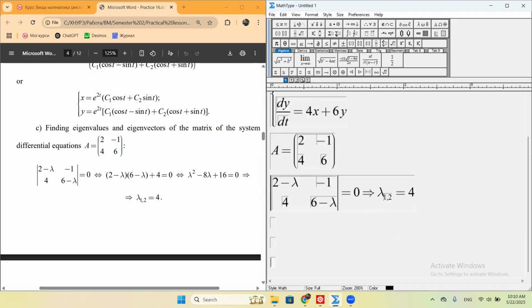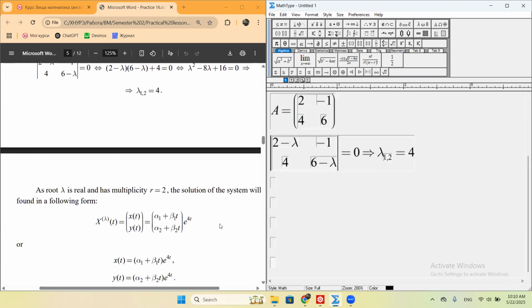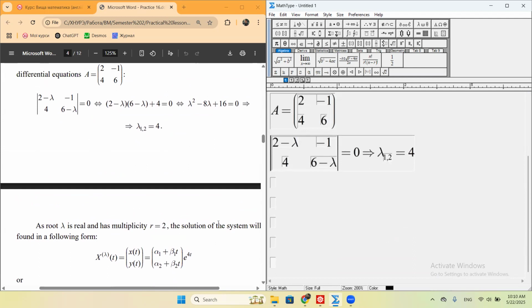So lambda 1 and 2 equals 4, and it is also real. So we will find the solution in the following form: x and y will look like a sum of products of a polynomial multiplied by e to the power of 4t.